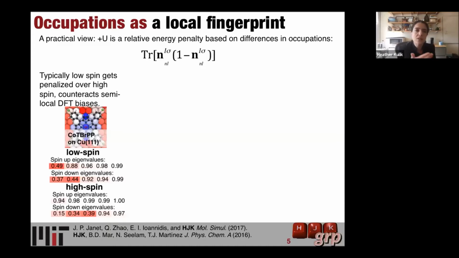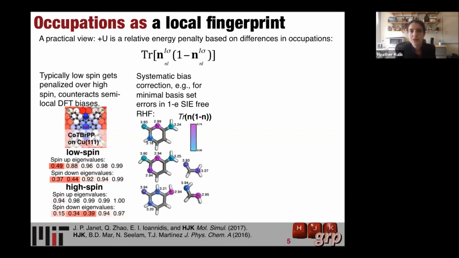For instance, low spin states tend to be overstabilized in PBE. So applying a Hubbard U should push up in energy the low spin states, down in energy the high spin states, and should generally correct a bias we know we have in LDA or PBE for non-magnetic systems over magnetic systems.